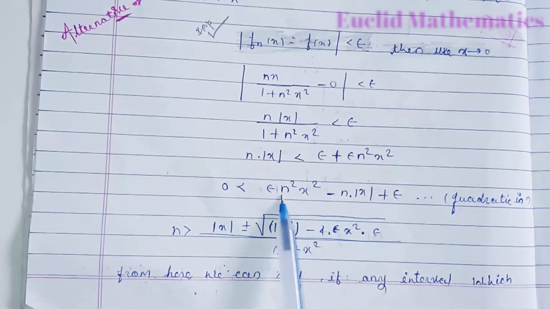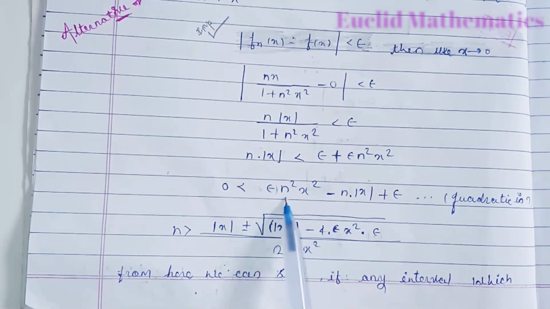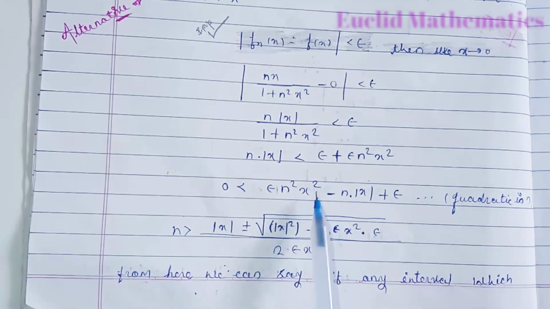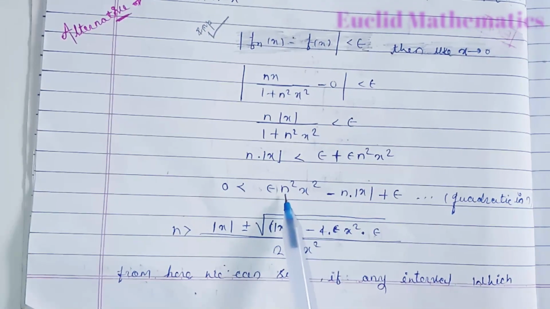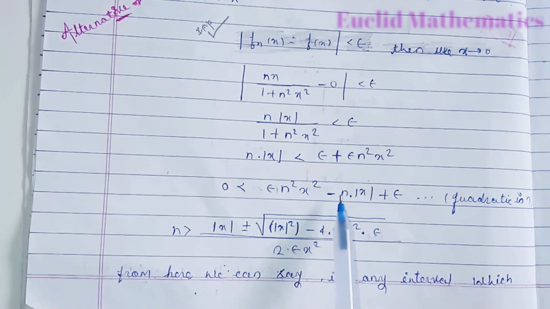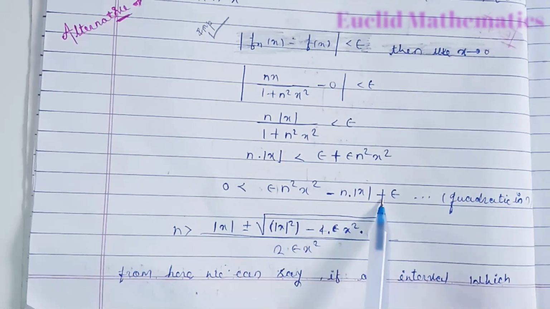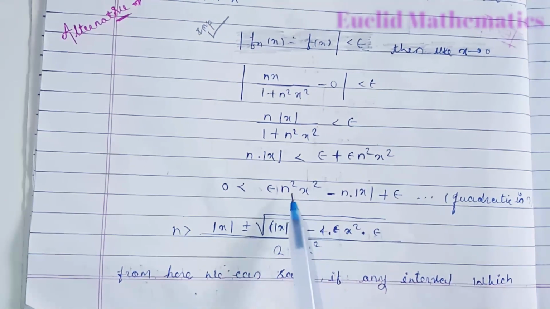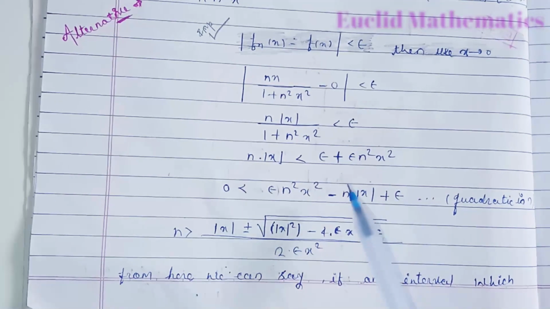As we observe here, this side looks like a quadratic equation in terms of n, like ax square plus bx plus c. So this is a quadratic equation in terms of n, and we have to find the root of that quadratic equation, and whether that root belongs to our interval or not.